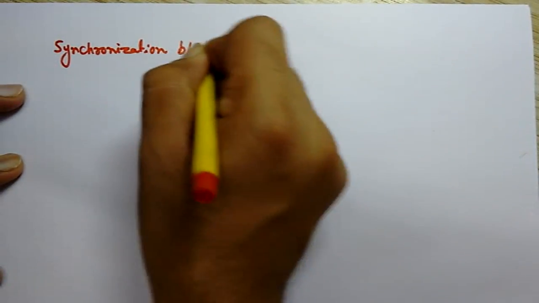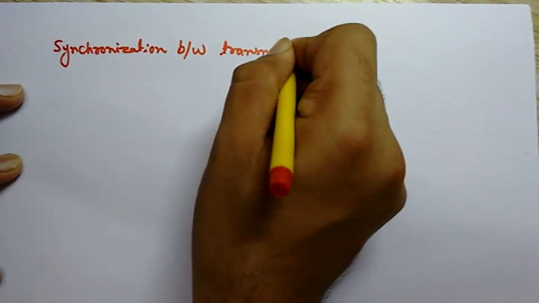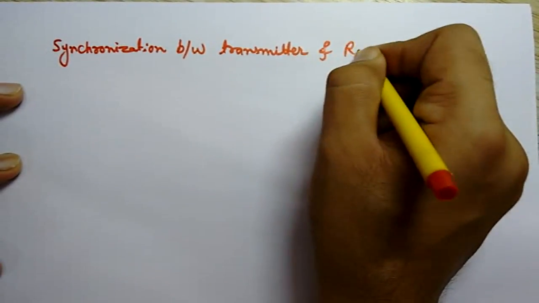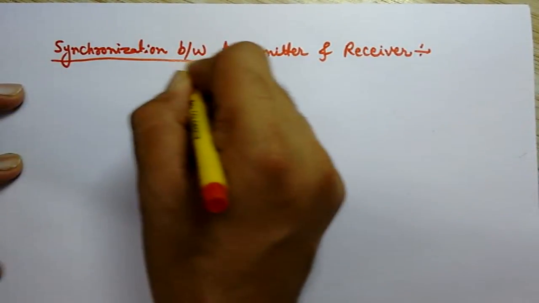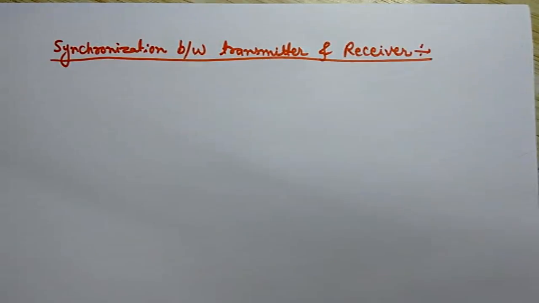This is a big disadvantage of pulse position modulation, because in PPM synchronization between the transmitter and receiver is required, because in PPM position of each pulse is varied with reference to the position of a reference pulse according to the instantaneous sampled value of the modulating signal.